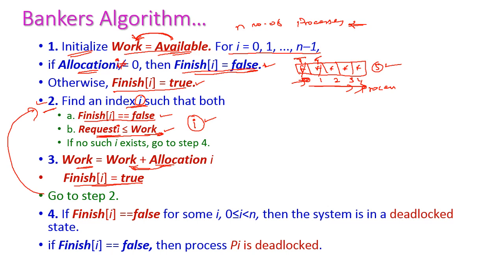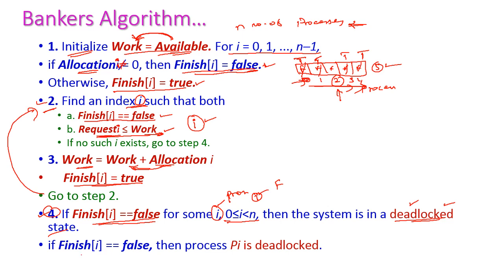Then step 4: if finish of i equals false for some i, where 0 is less than or equal to i is less than or equal to n minus 1, meaning any of the processes is not yet finished, then the system is in a deadlocked state. If any process is not yet finished, for example if P2 is not yet finished, then the system is in a deadlock state.